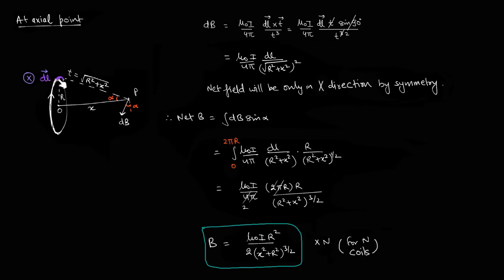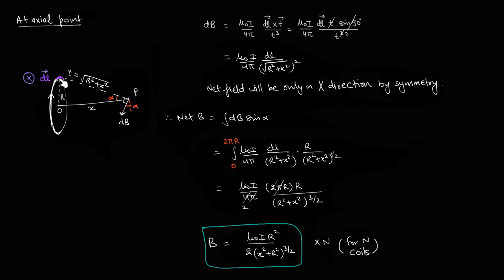Again we'll take a small element dl here. We'll take it at the top so that you can easily see by the right hand thumb rule that the direction of B will be like this, perpendicular to this t. So dB is mu naught I by 4 pi, again Biot-Savart law, dl cross t by t cube.